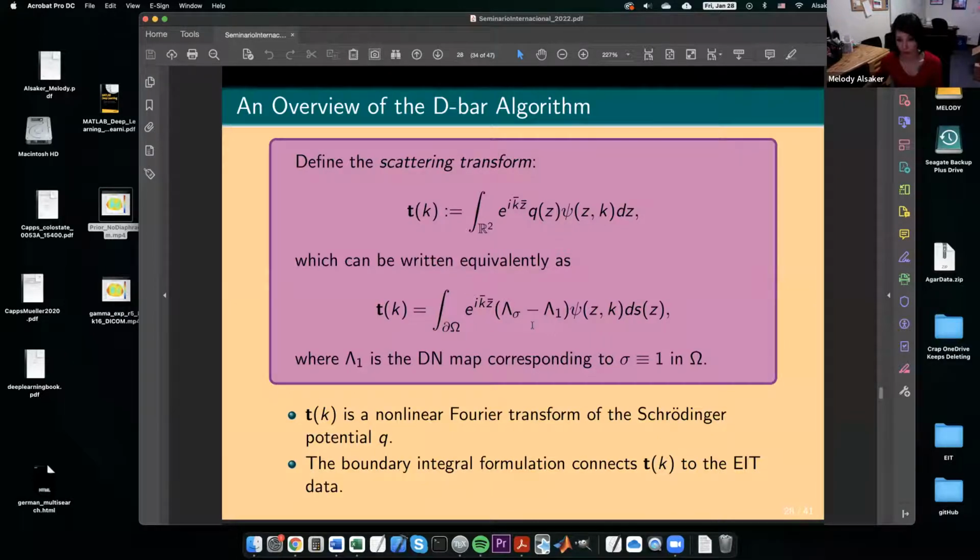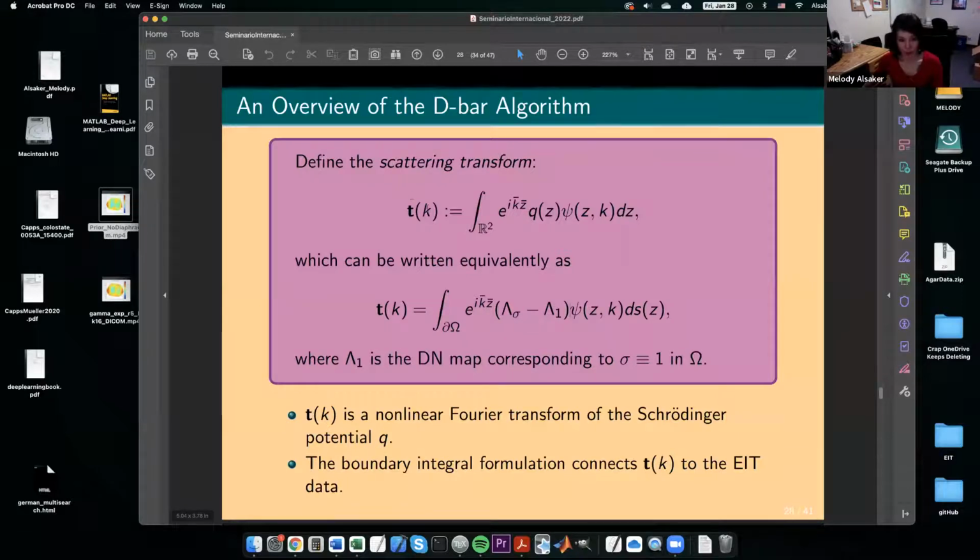And then you can associate the DN map, your measured data, with that CGO solution to the Schrodinger equation. And the lambda 1 here is just the DN map corresponding to a homogeneous conductivity distribution in the domain, which could be numerically simulated. It's like another set of data that doesn't correspond to a physical scenario aside from that. It would be the case if the internal domain was just all one homogeneous material.